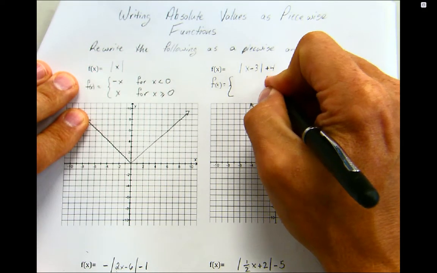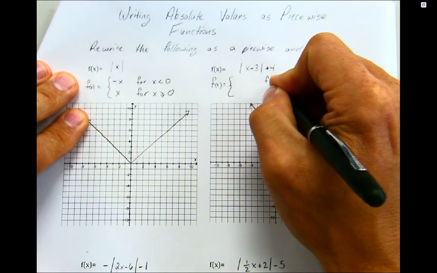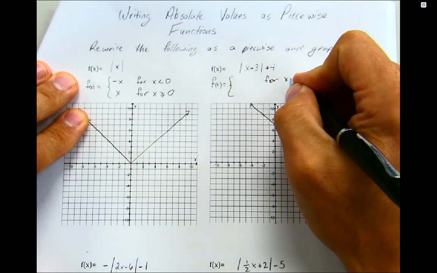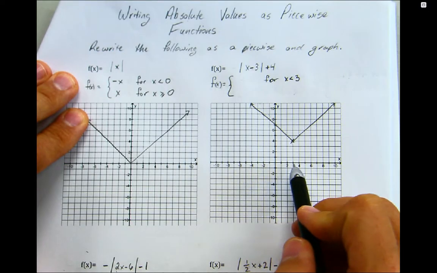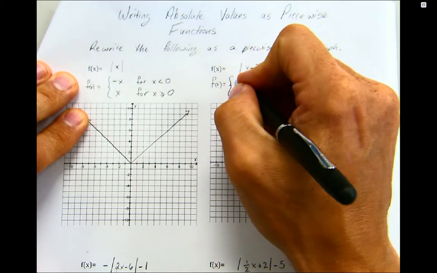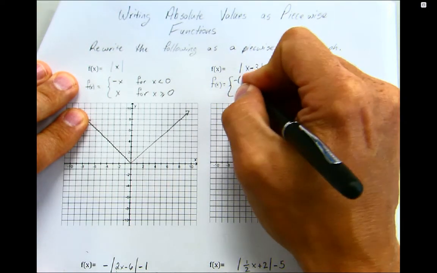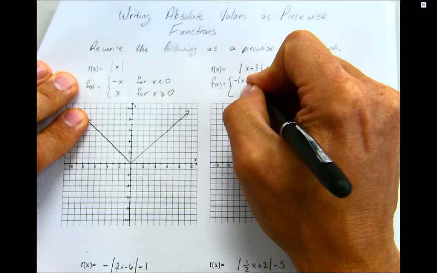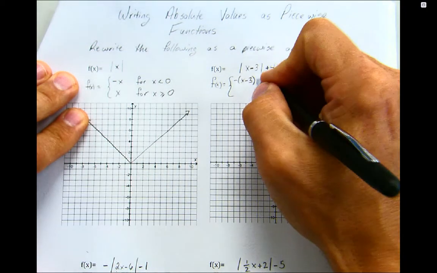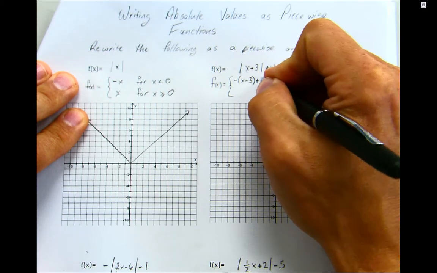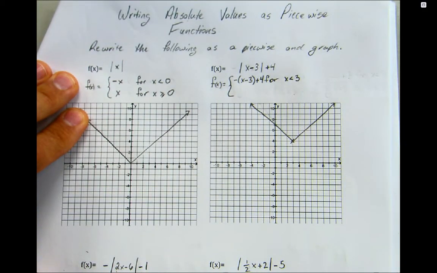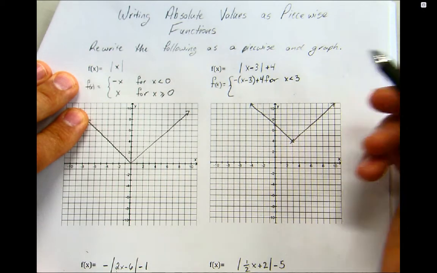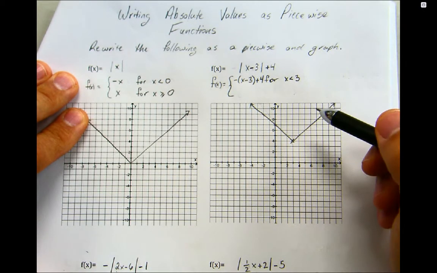So for when x is less than +3, for all of these numbers, I'm going to put in the negative part of the absolute value on the inside, and then still the translation of +4 stays the same on the outside. And that's the equation of this line. And we'll simplify it here in a second, but that's basically it.